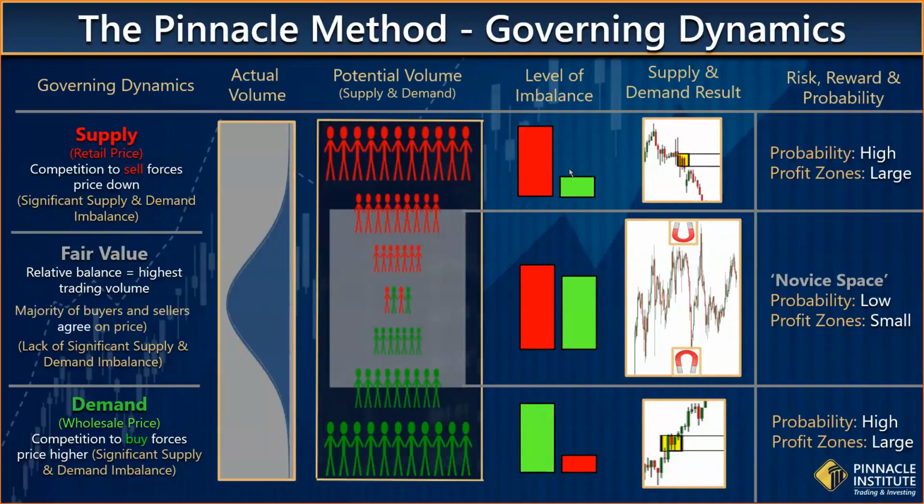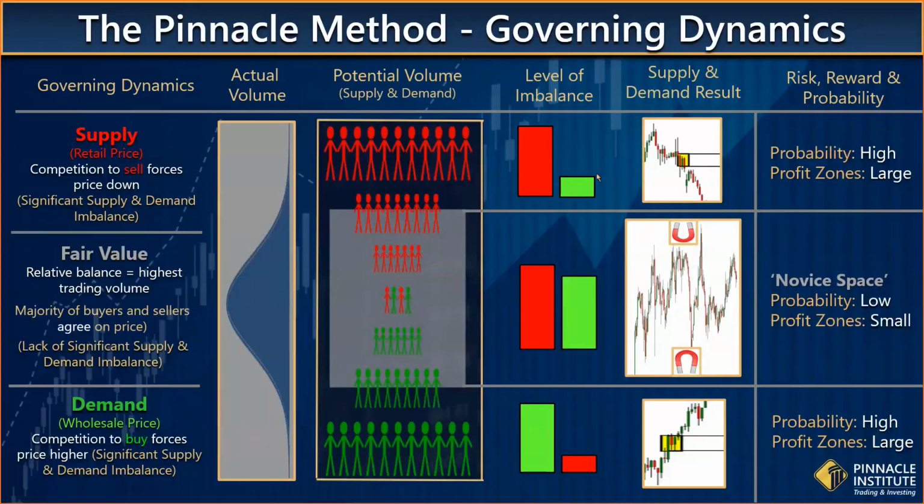Does everybody understand why that happens? Okay. What happens? So you see the little green here, the demand side. What happens at this price point once all of these buy orders are filled? Well, then we have a significant amount of supply left over, no one left to buy at that price point. That's going to force price lower.